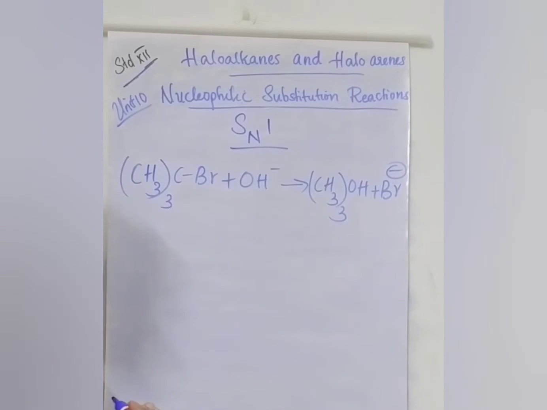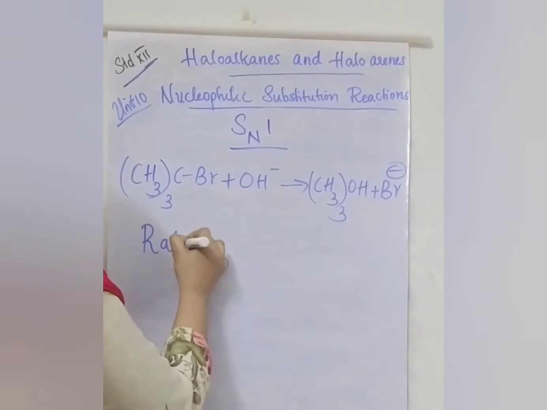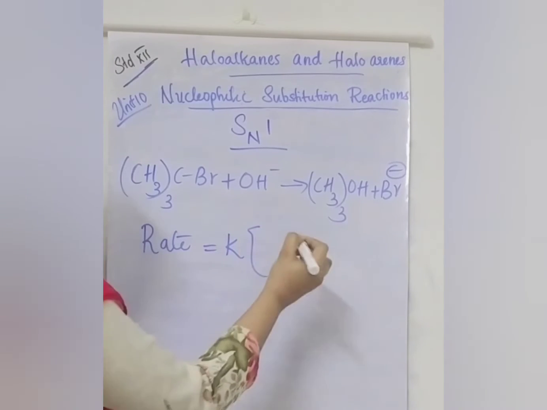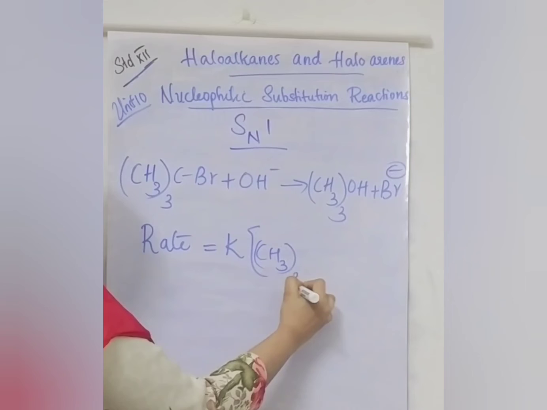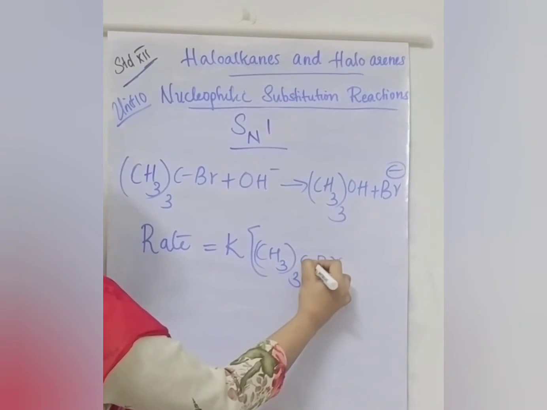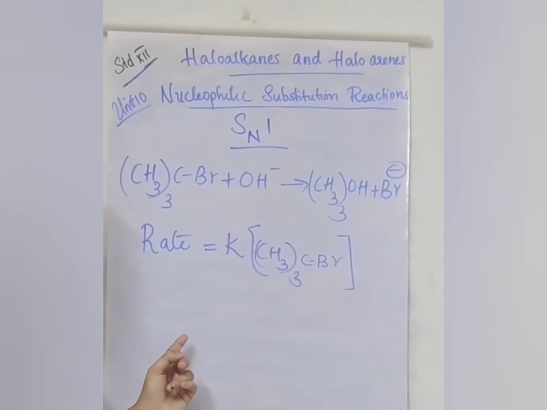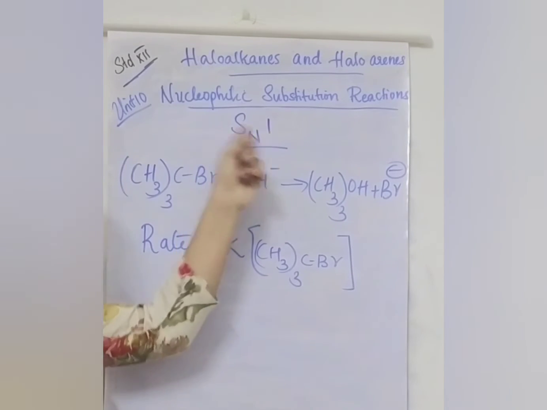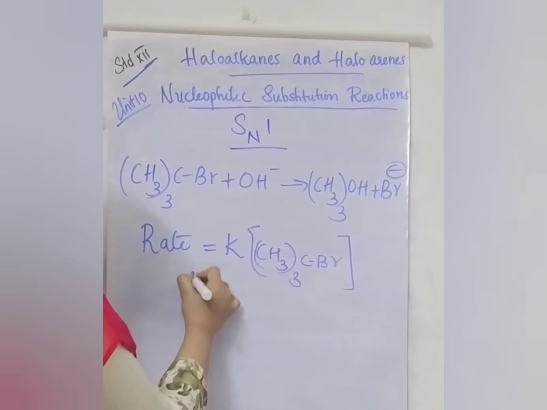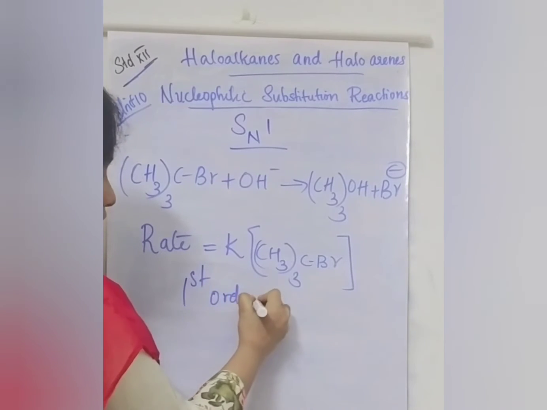So how will you write the rate? Rate equals K into the concentration of (CH3)3CBr. Rate depends on the concentration of only one reactant, so it follows first order kinetics.